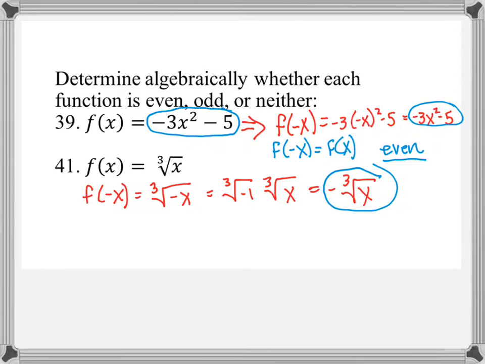Now this is the opposite of what we originally had. So f of negative x equals the opposite of f of x. So this second function is odd. If f of negative x was not f of x, and it was also not the opposite of f of x, then it would be neither.